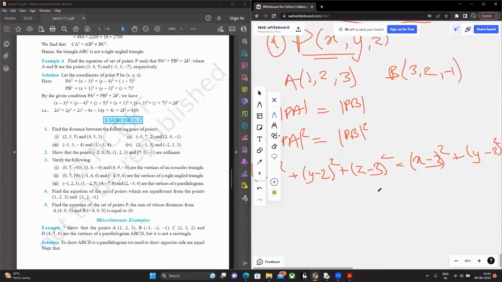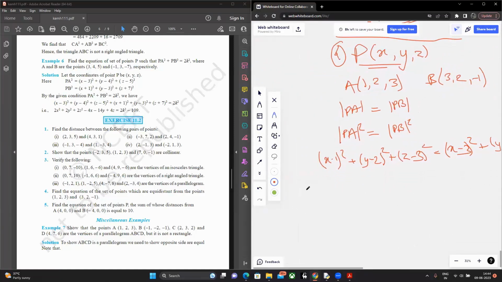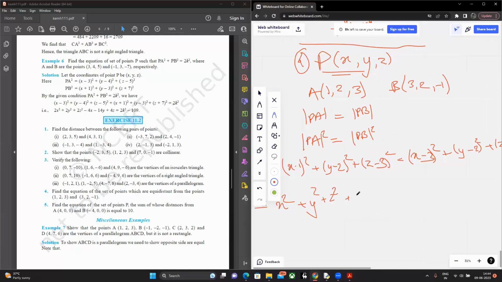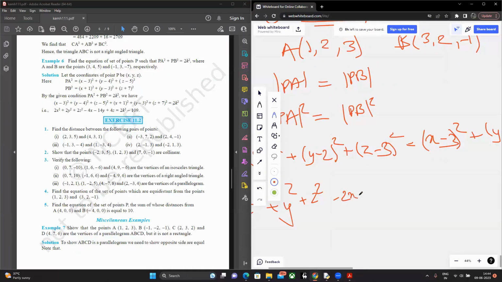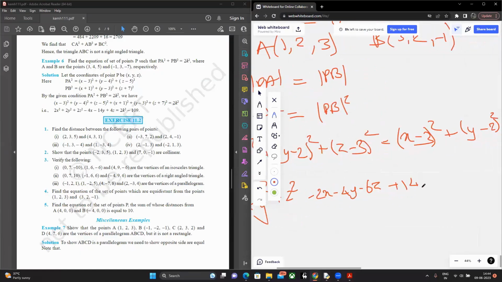Since you have this big run-on equation, what I'm going to do is expand it. This equals x squared plus y squared plus z squared, then minus 2x minus 4y minus 6z, plus 1 plus 4 is 5, 5 plus 9 is 14.